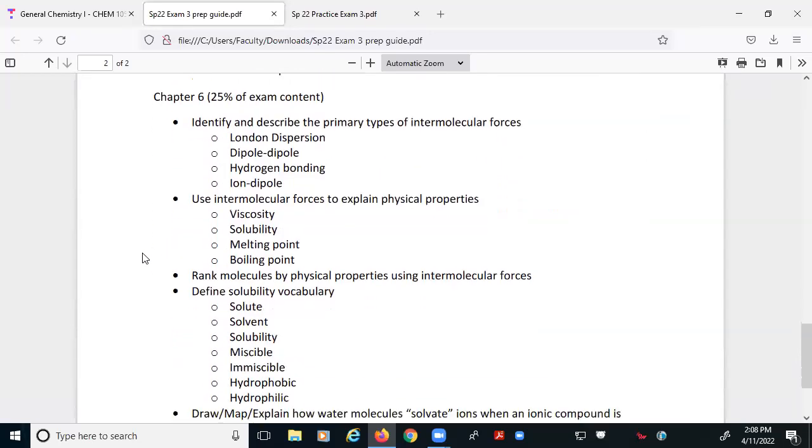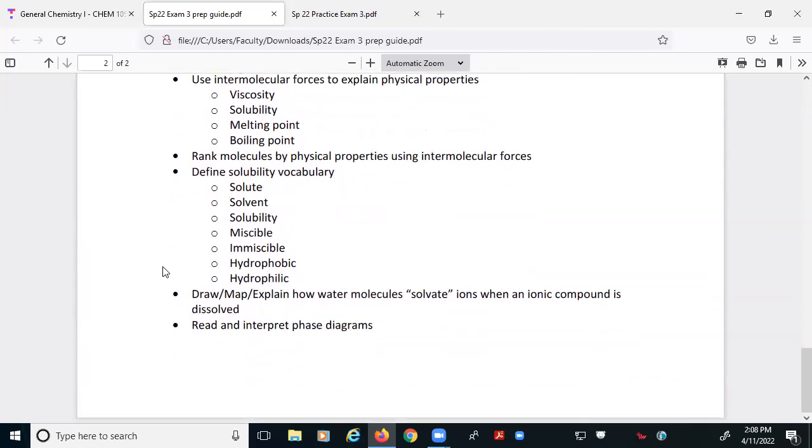And then out of Chapter 6, identifying the different types of intermolecular forces and where we see each of them, using those intermolecular forces to explain different kinds of physical properties. Getting into what solubility is a little bit deeper.